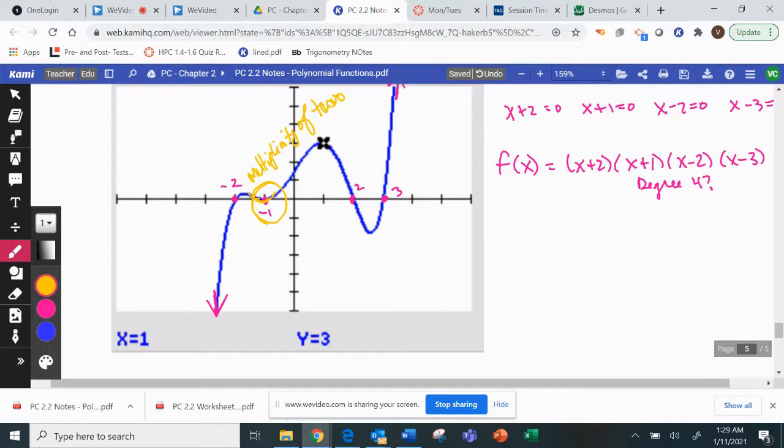Sorry, 2. That's telling me this has a multiplicity of 2. So if over in my answer, this one has to be squared. And when it's squared, now we have our degree of 5, which is odd, and it matches the graph.